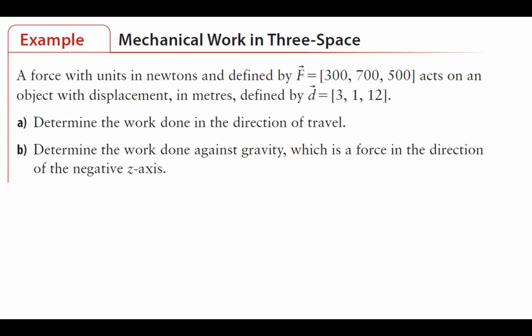A, determine the work done in the direction of travel. B, determine the work done against gravity, which is a force in the direction of the -z axis. Okay, I'll give you 4 minutes to have a look at the solution of this question, and then we'll have a look at this question together.